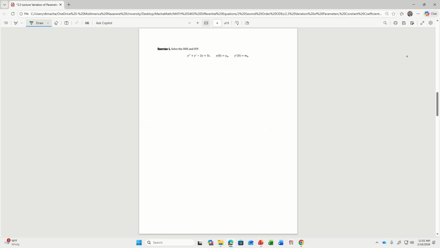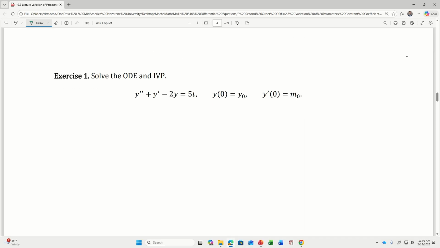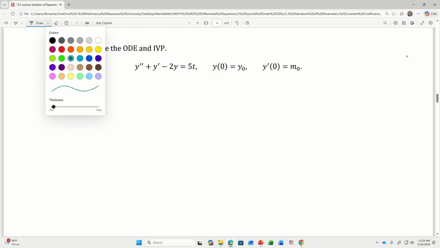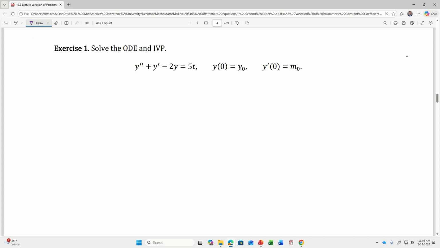Here's our first example. Solve the ODE and IVP. So step 1 says make sure this is a second order linear non-homogeneous ODE with constant coefficients. And yeah, checks out. Step number 2 says pretend it is homogeneous.